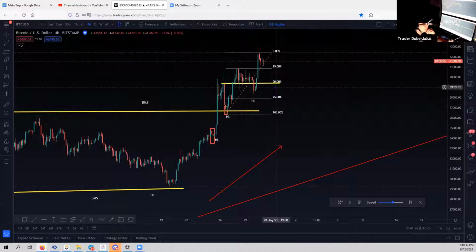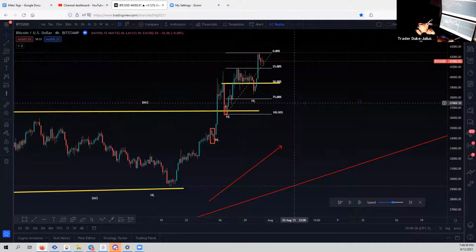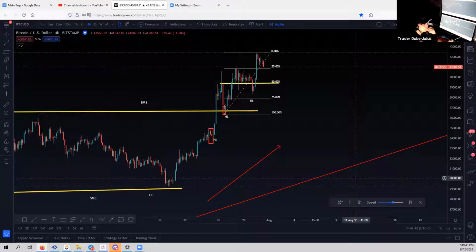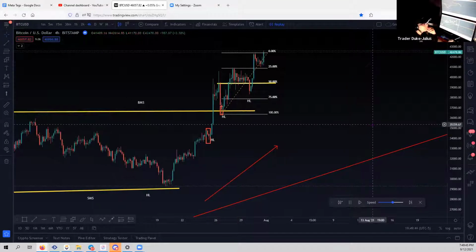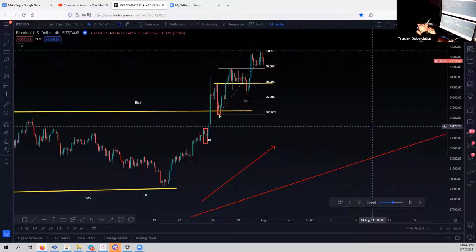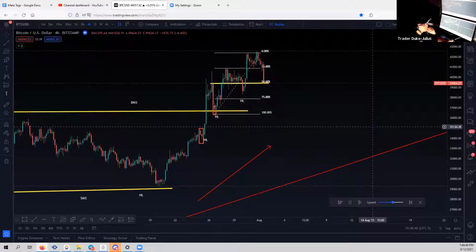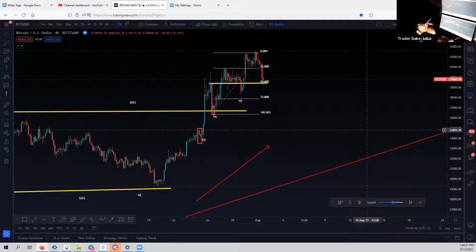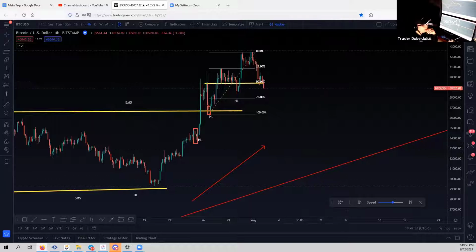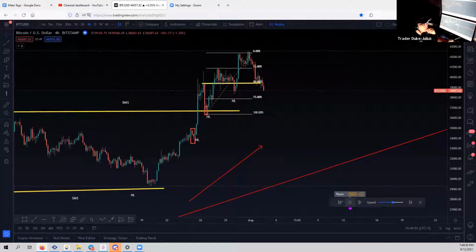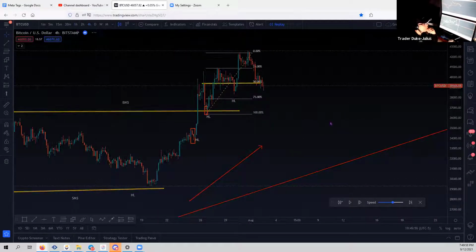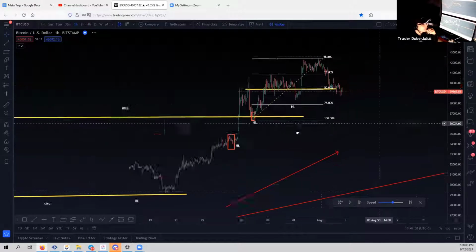If price comes down into this area, 50 or better, I'm going to be looking for buys to the upside. So now right there, I'm going to be looking for buys on a 1 hour chart. We're on a 4 hour chart, but I'm going to drop it to the 1 hour.